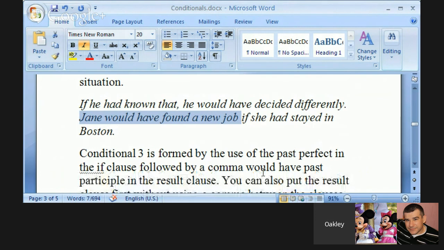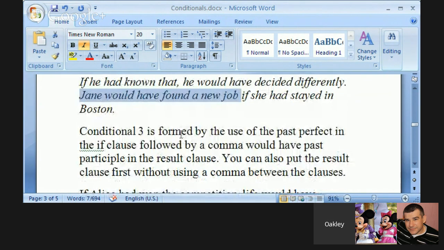Okay, the form. Conditional 3 is formed by use of the past perfect in the if clause. That is, had known. Okay, past perfect is always formed with had and then the past participle of the verb. Know, knew, known. Okay, if he had known that.